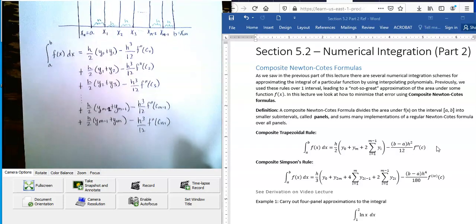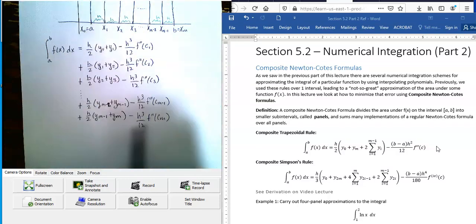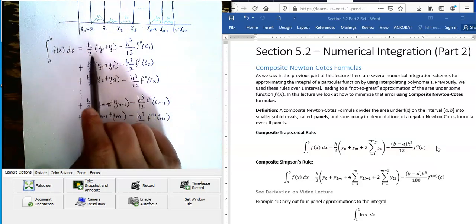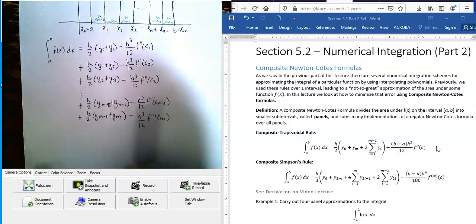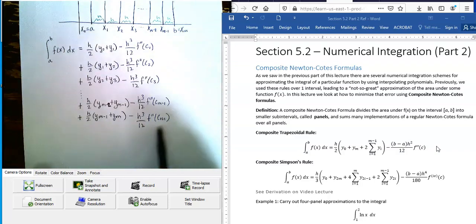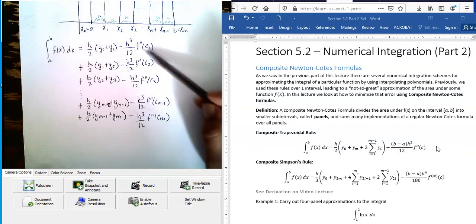So let's take a look at how we can simplify this a little bit. Okay. So if you notice, every term here has an h over 2 for these guys in this column here. And every term here has h cubed over 12 times the second derivative at some value.